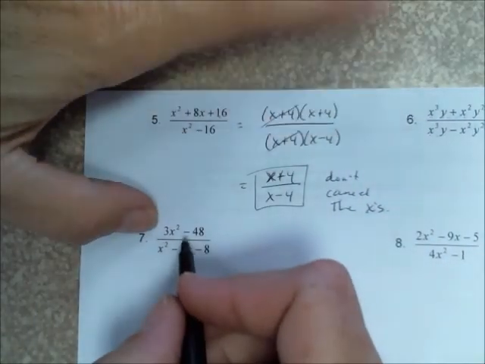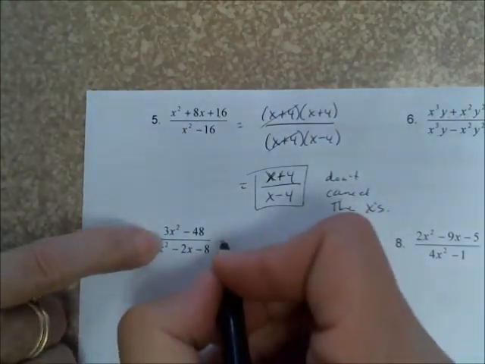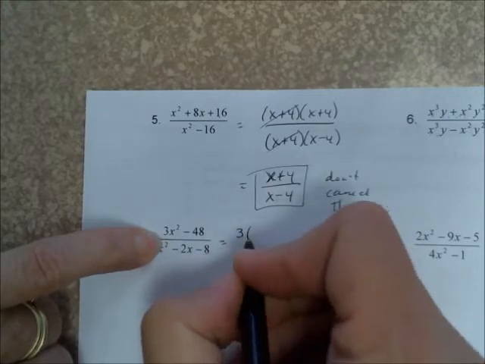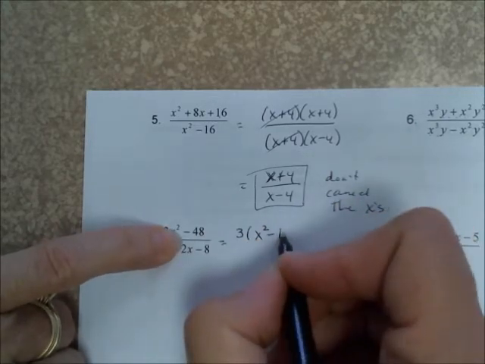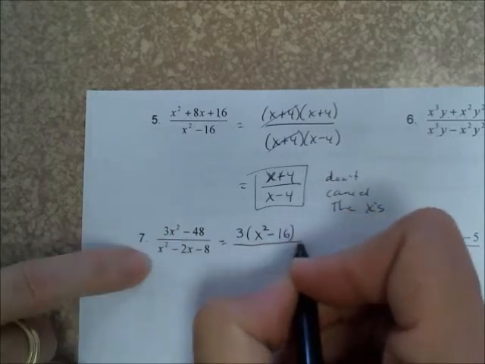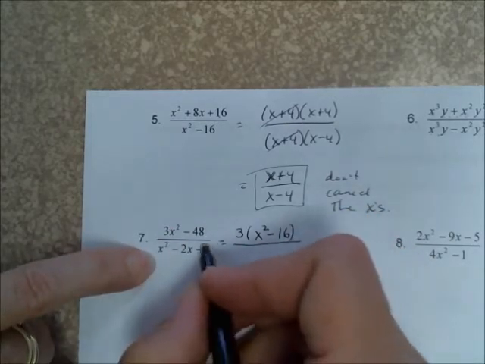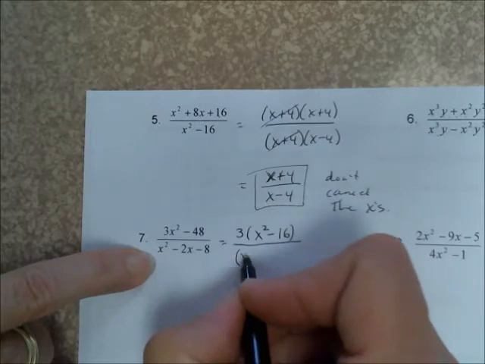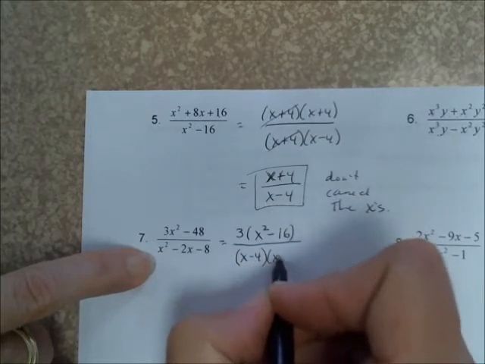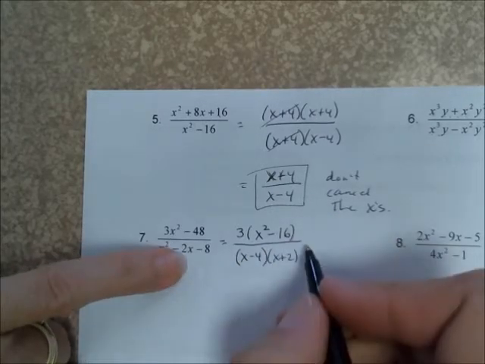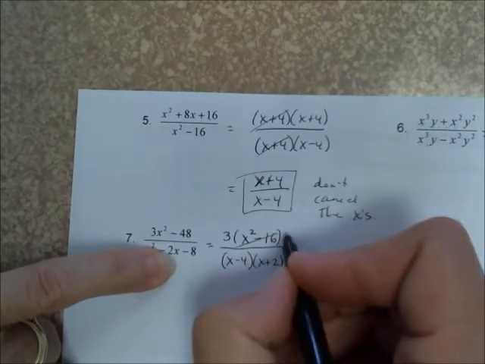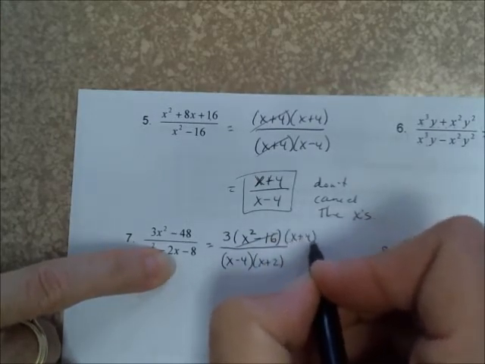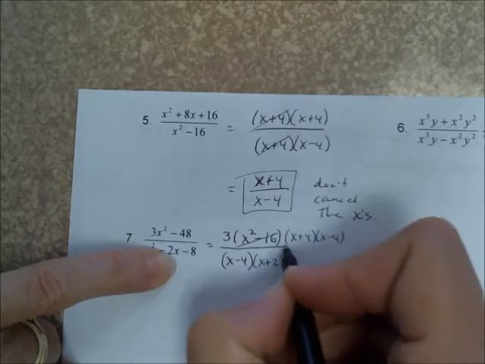Number 7, I see a GCF, which is a 3. So when I take a 3 out, we're going to be left with x squared minus 48 divided by 3 is 16. And in the denominator, the factors of -8 that add up to -2 are -4 and +2. Well, I can go one more step in this factoring. X squared minus 16 is really the same thing as x plus 4 times x minus 4.